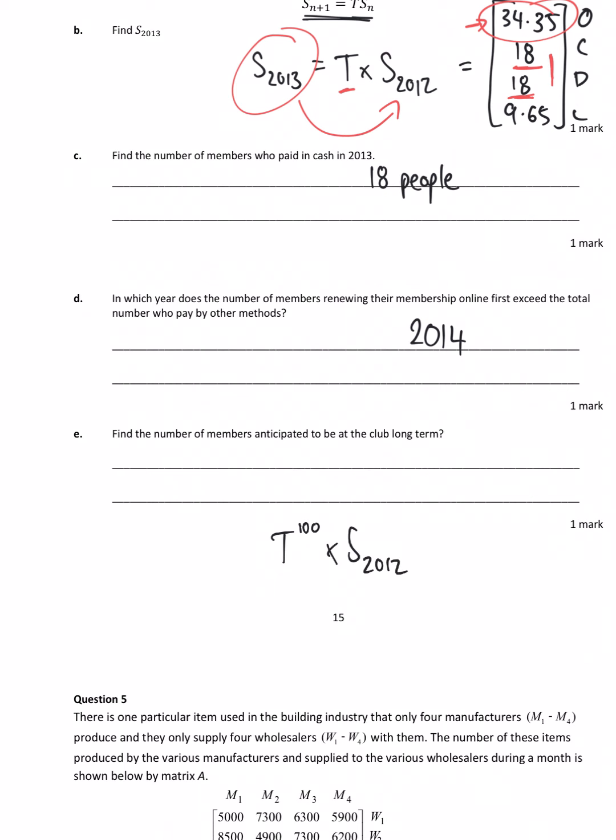Okay, and we'll just find that matrix for the moment. Okay, so I did it to the power of 100, then 101. And essentially what you get is 0, 0, 0. Okay, and 80 people have left the gym. So the number of members that are going to be at the gym long term should be 0.